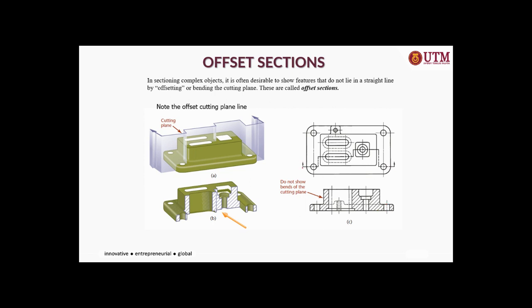So it's not a straight line, but your drawing at the end is still on a plane surface. You put everything straight and not crooked like what is drawn in this line.